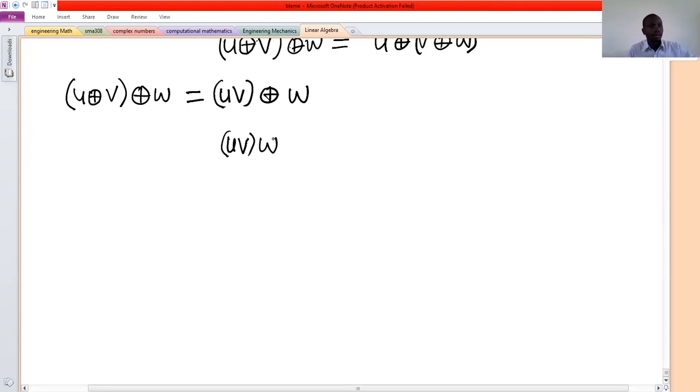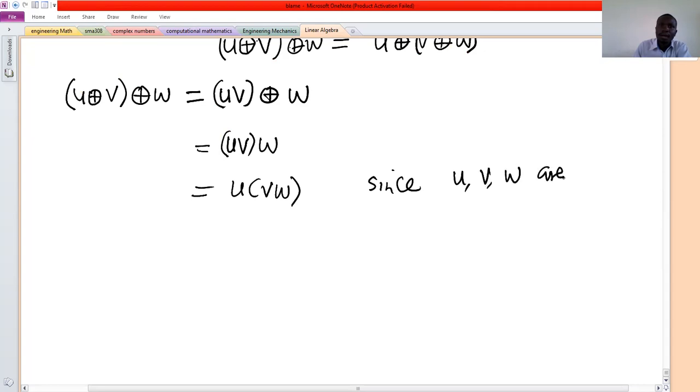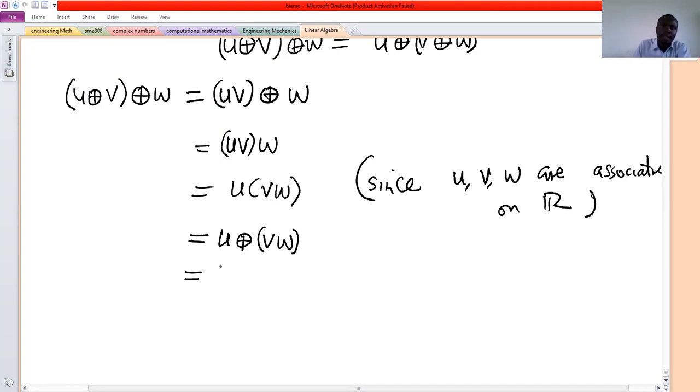And you see, this can as well be written as uvw, since u, v, and w are associative on R. And then by writing it this way, this can be defined as u plus, and then vw. And vw is the same as v plus w.